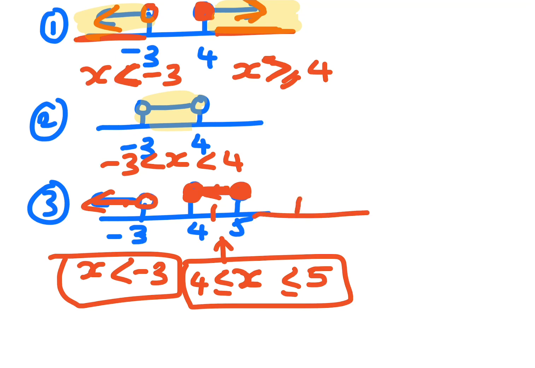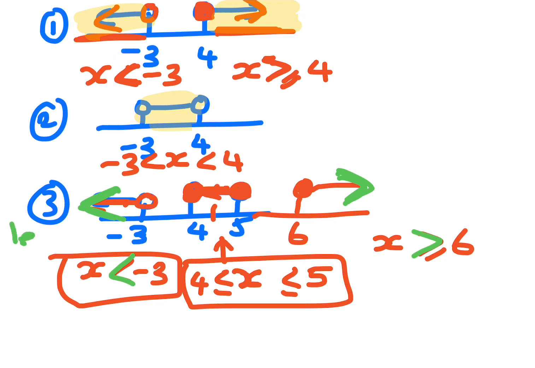If we had a third one here, and that was 6, and that was like that, then you'd just add in x is greater than or equal to 6. So just remember, when you're doing these ones that are pointing out, the inequality sign and the arrow are actually the same.